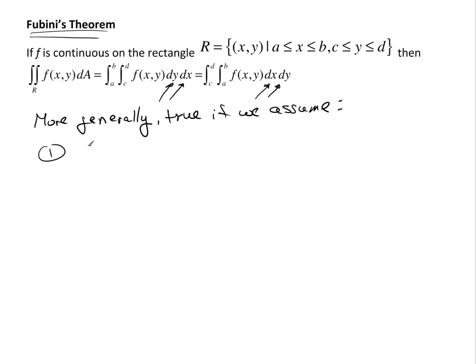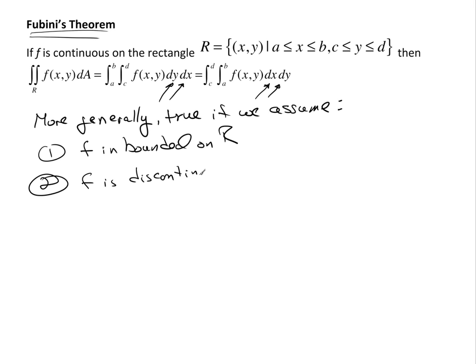Number one, f is bounded on that rectangle R. Number two, f is discontinuous only on a finite number of smooth curves.